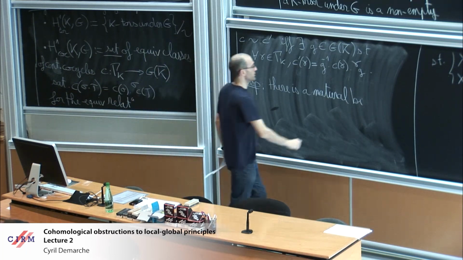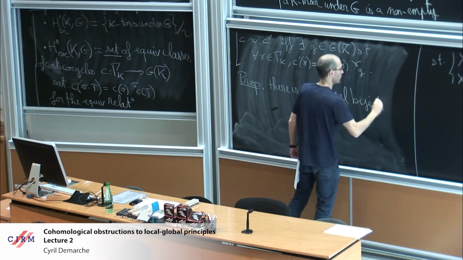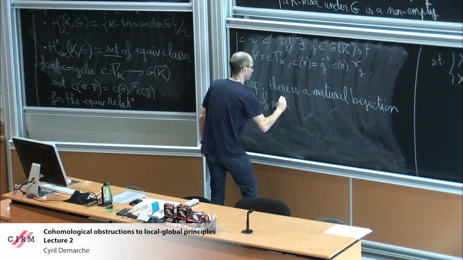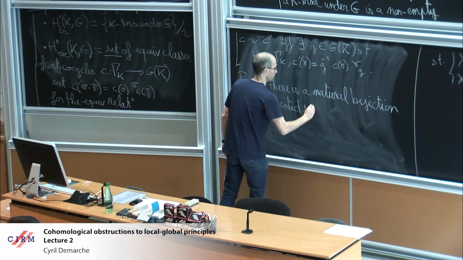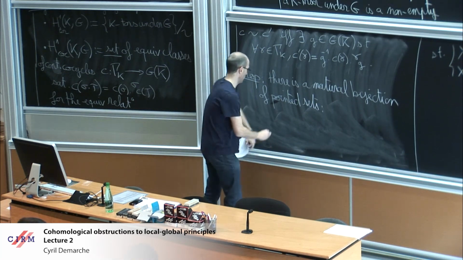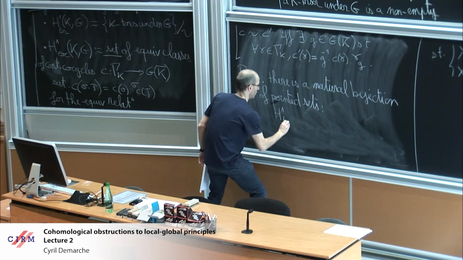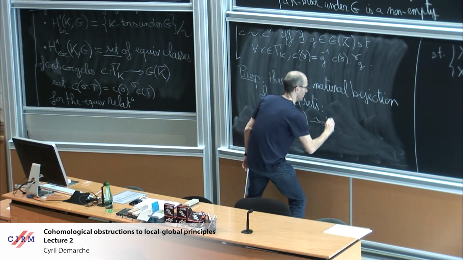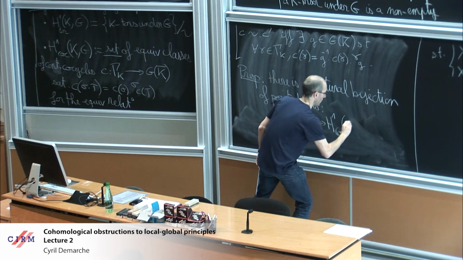So there is a natural bijection of pointed sets between H1 torsors (K, G) and H1 cocycles (K, G).